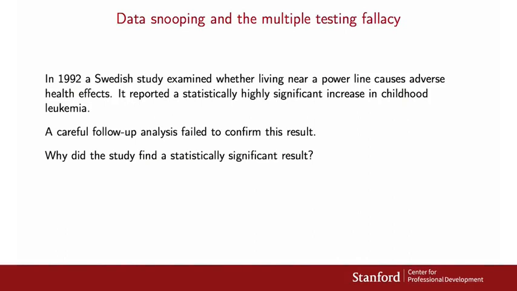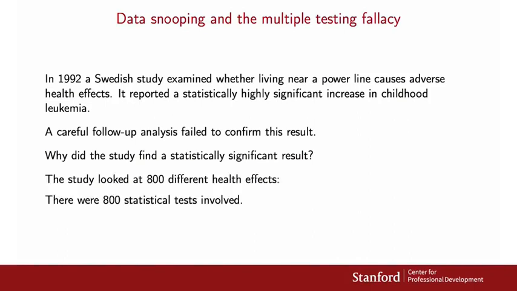So why then did that study result in such a statistically significant outcome? To understand what's going on, we have to keep in mind that the study looked at 800 different health effects. That means the way to think about it is that the study did 800 different statistical tests.